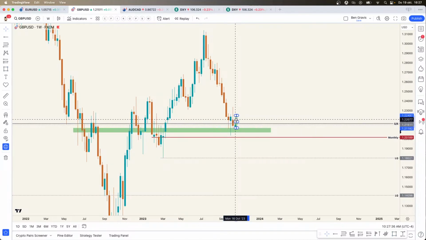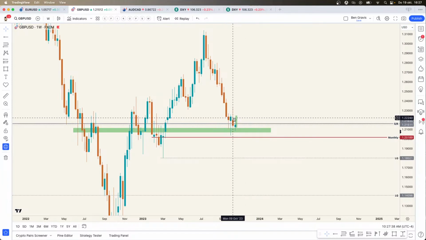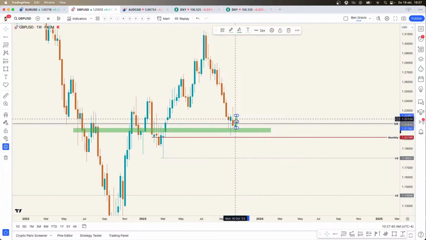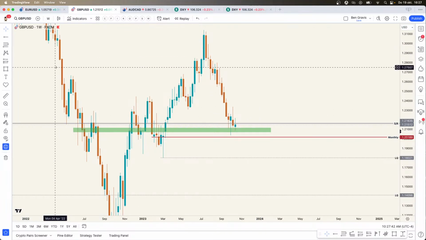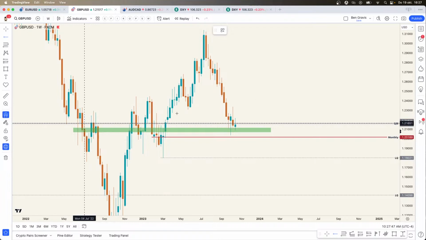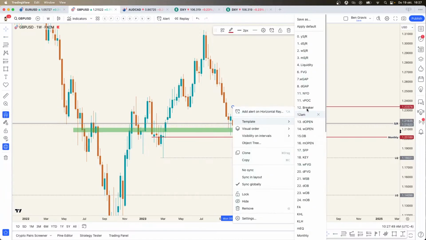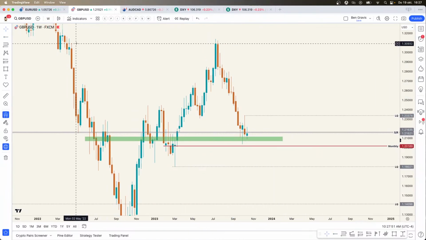So I do really want to see something like this, a bit beyond this level here, and then our target would be on the weekly beyond this liquidity level over here.